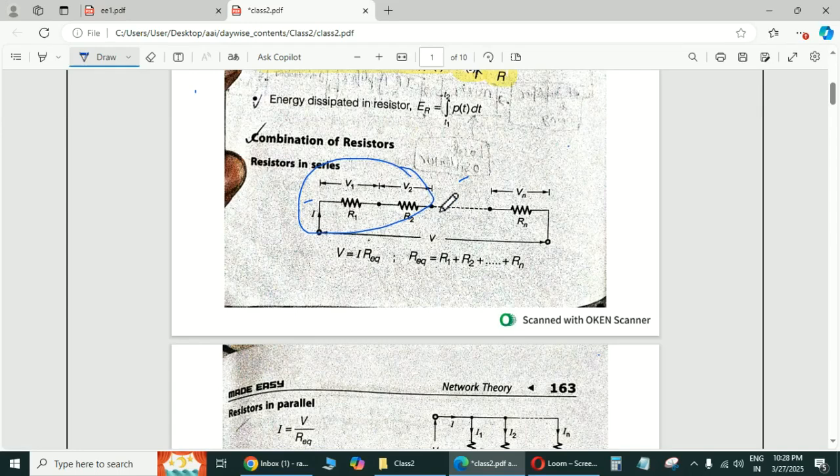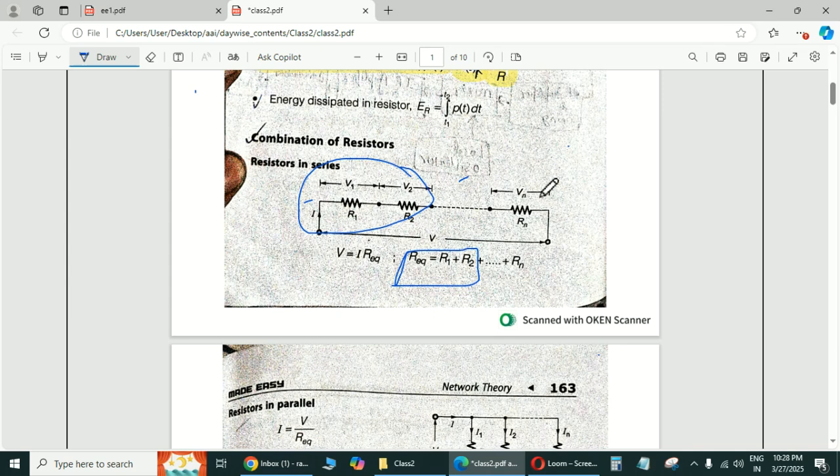If this type of scenario exists, then we can say resistors are in series. In this condition, the total or equivalent resistance will be the algebraic sum, that is R1 plus R2.